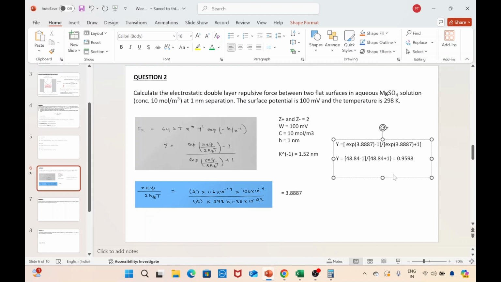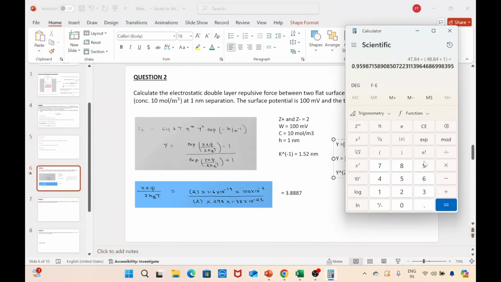Then the value of gamma square will be the square of this value, 0.9598, which is going to be 0.9212.